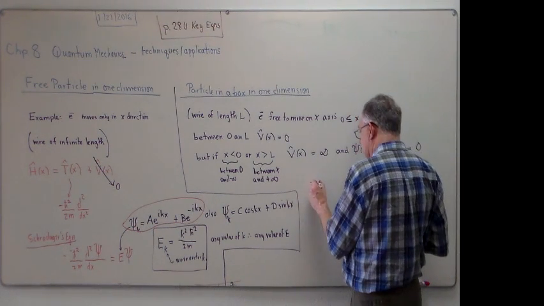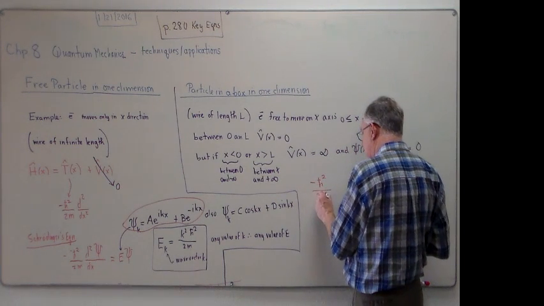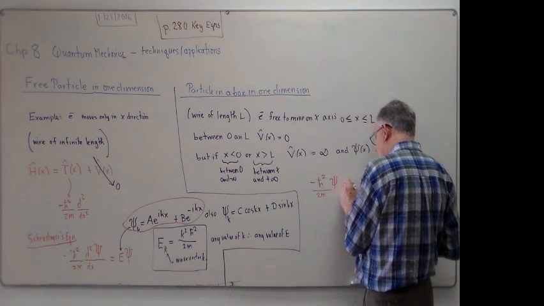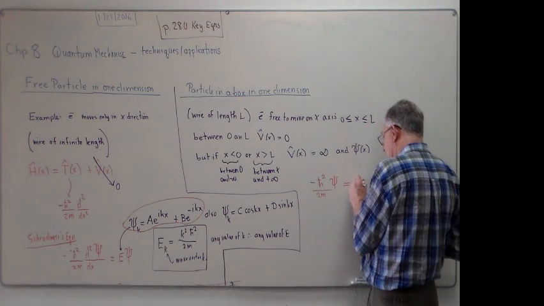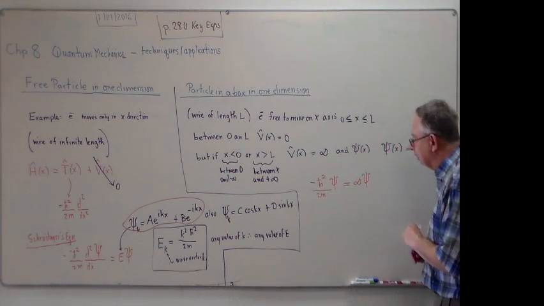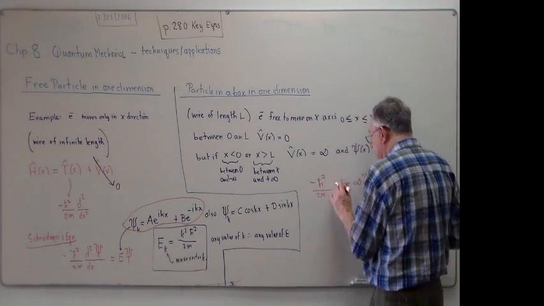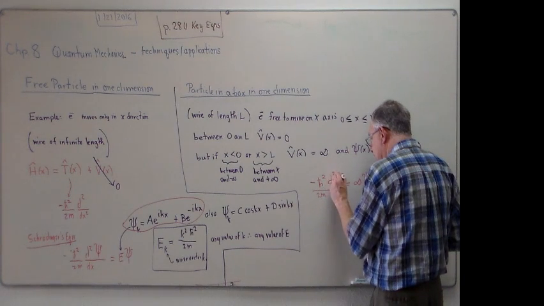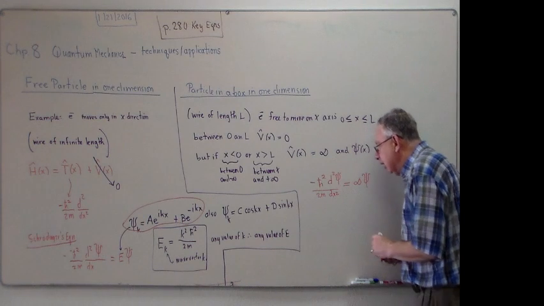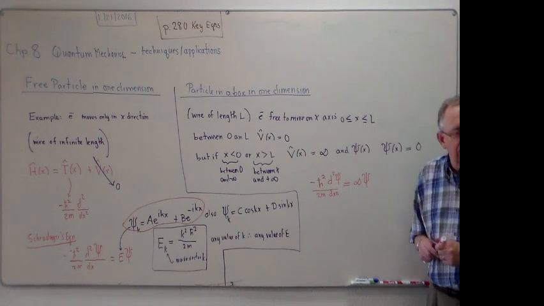Now let's look at this. Minus h bar squared over 2m, second derivative, d squared psi dx squared, equals infinity times psi. Now, how do you solve that?